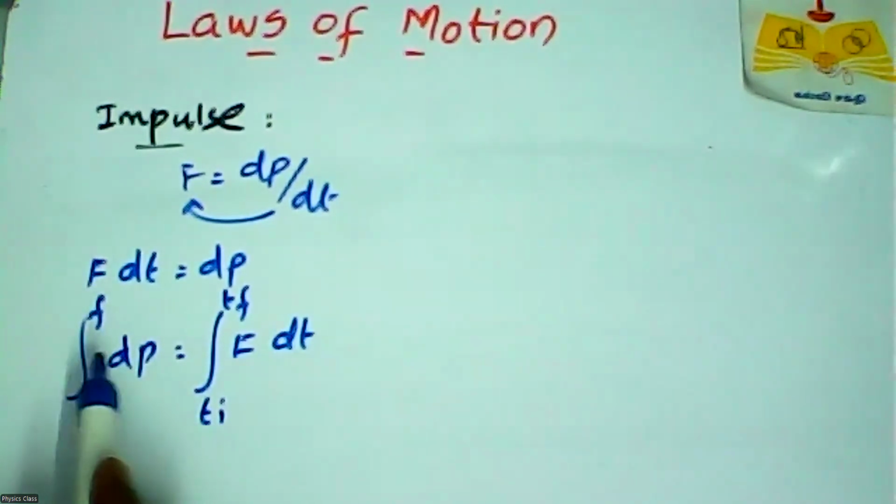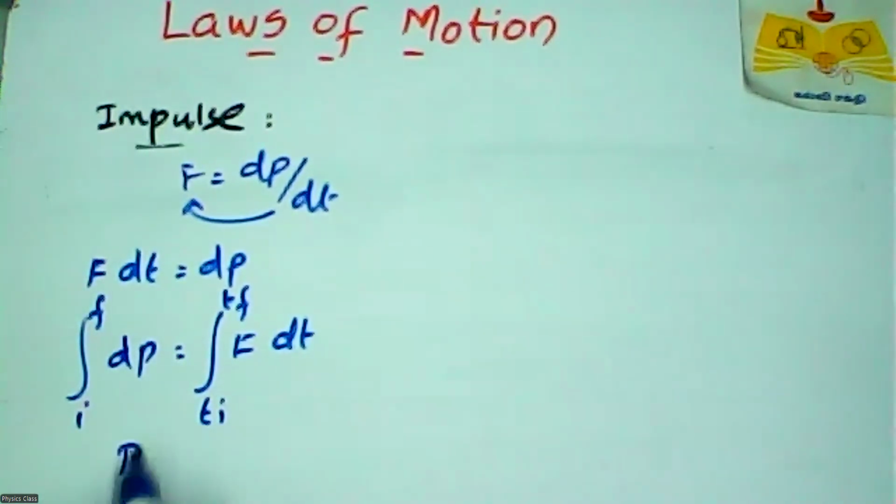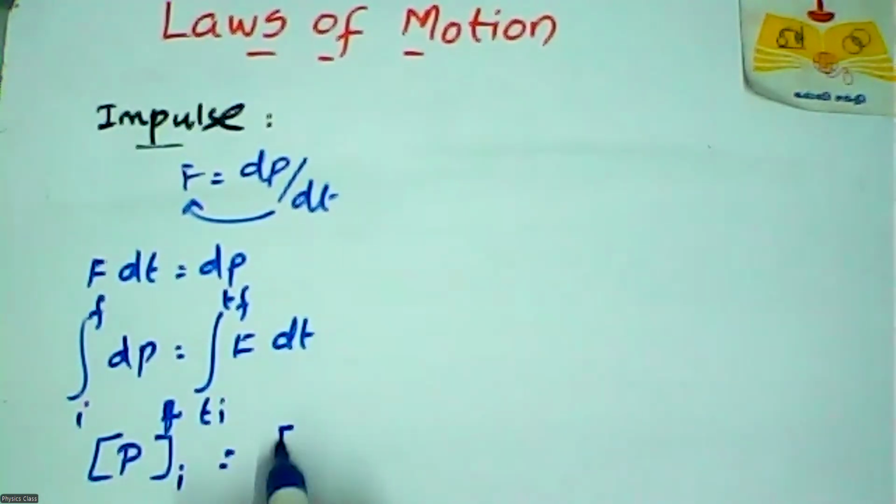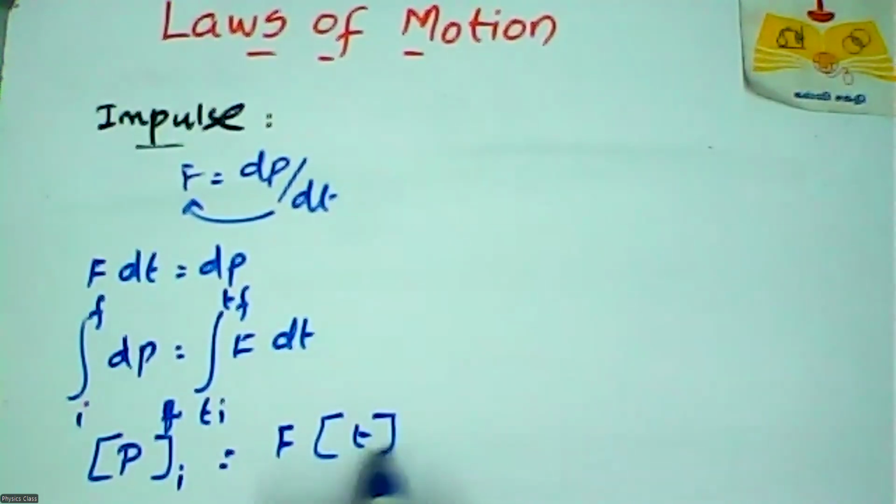So integration of dp gives p, final minus initial. And here the force is constant, so dt becomes t because of integral and differentiation, from ti to tf. Now you can put F here.